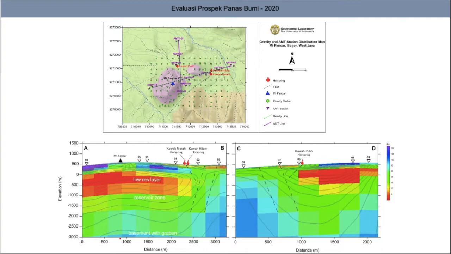Here we have a data or a map or a model of a geophysical data acquisition from the resistivity and gravity investigations of an area. With the help of geophysical investigation, we then can deduce what is the condition of the subsurface.